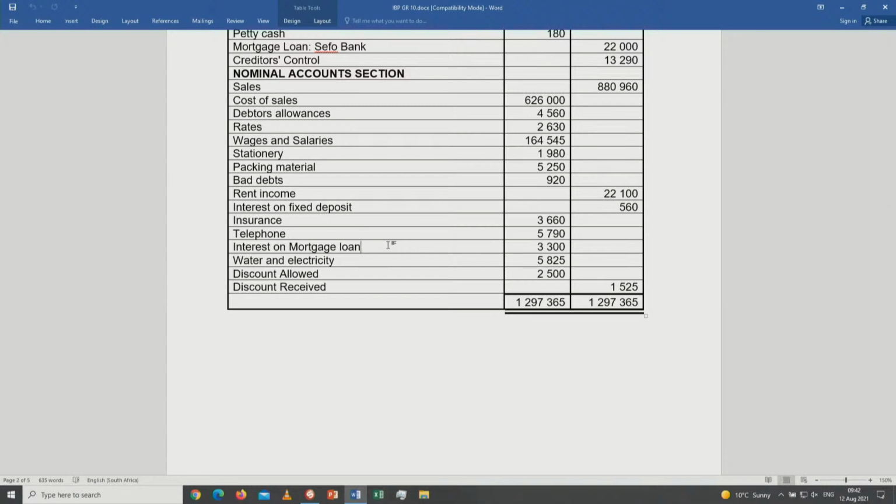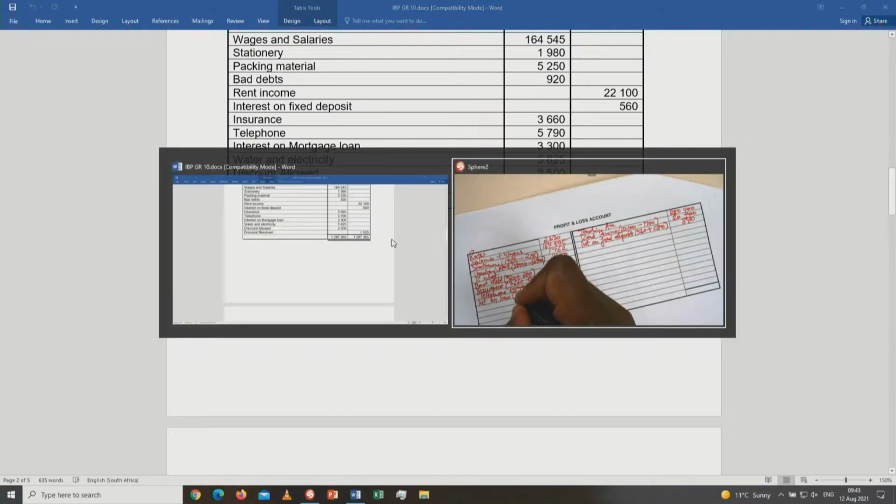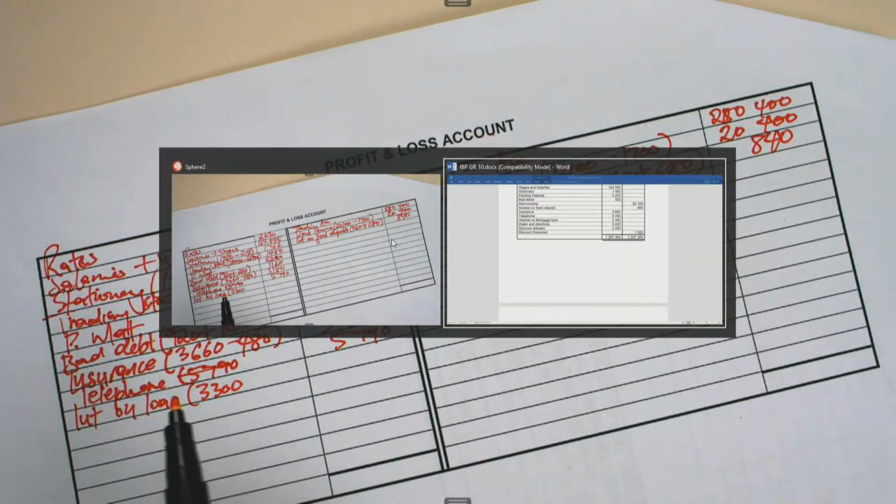We check now whether we have any adjustment for it. Interest on loan, right? It's 3,300 rand, right? 3,300 rand. But now let's check.